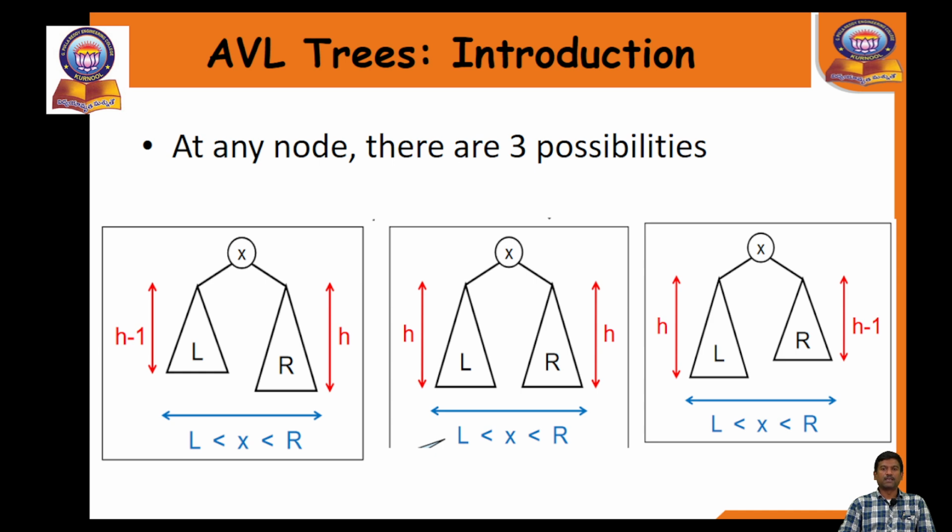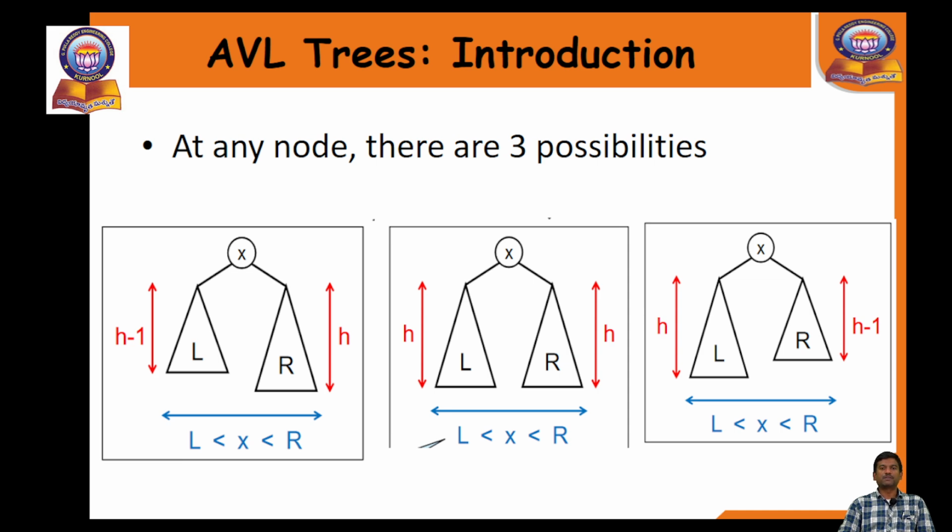And in the third case, the height of the left subtree is more than the right subtree, which is denoted by H and H minus 1, that is, the right subtree has less height than the left subtree.